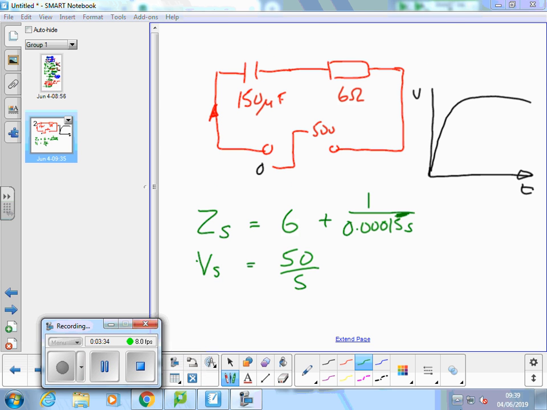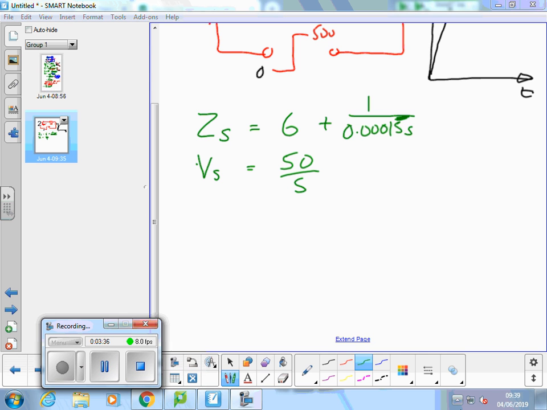Where do we go from here? Voltage divider.